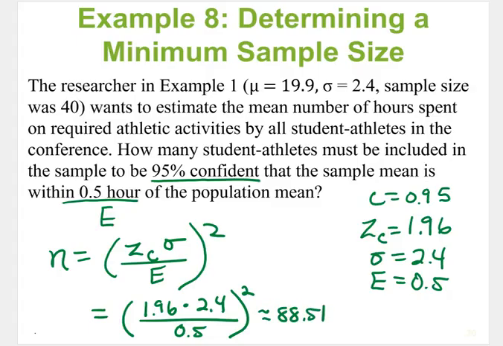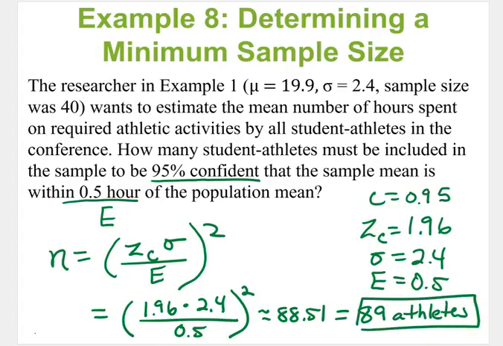And since I can't have 0.51 of an athlete, I have to round it up. So that would be 89 athletes I would need to go talk to and get their information to be sure that I'm 95% confident. So it's a nice way to find the minimum sample. Again, you can take more, but that's the minimum. So if you survey fewer than 89, then your results wouldn't be valid.